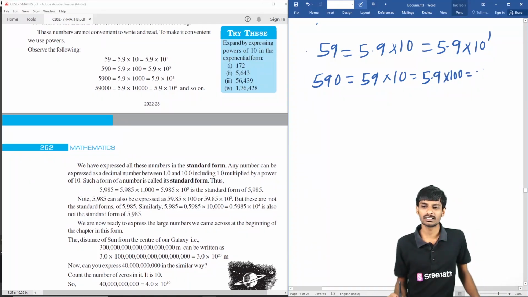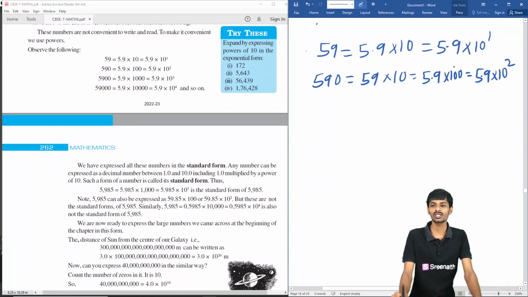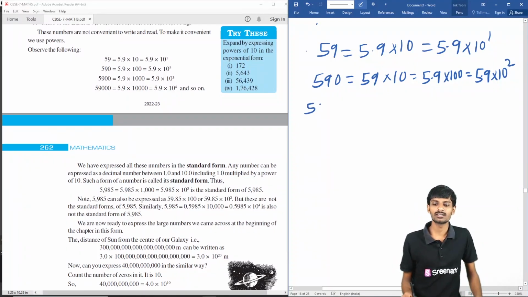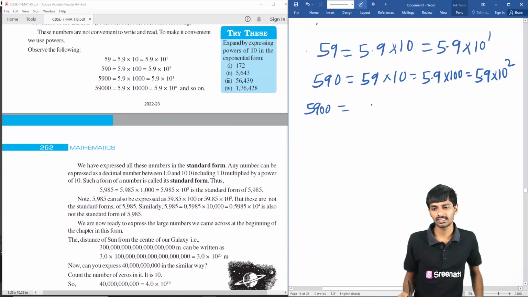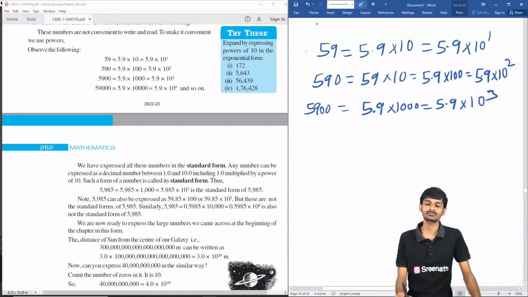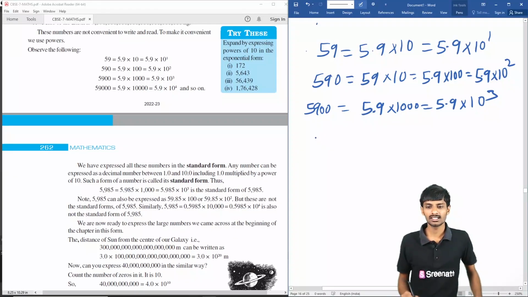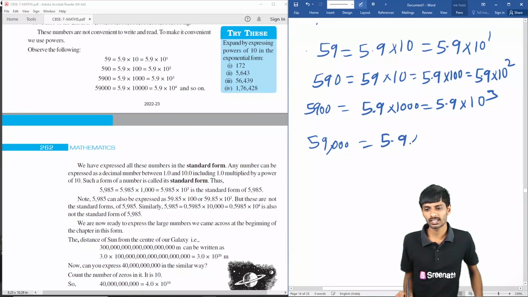And 100 can be written as 5.9 into 10 square. Okay. And if you are having the 5900, then you can write it as 5.9 into 1000, which is 5.9 into 10 cube. So like that, if you have 59,000, you can read it as 5.9 into 10 power 4.